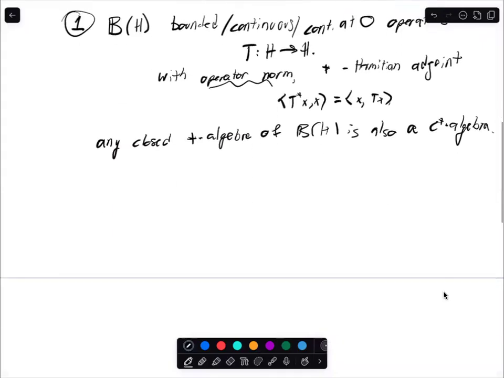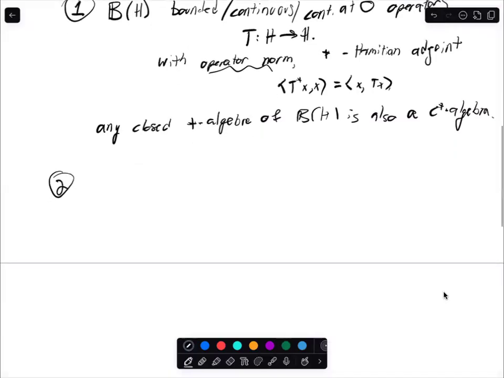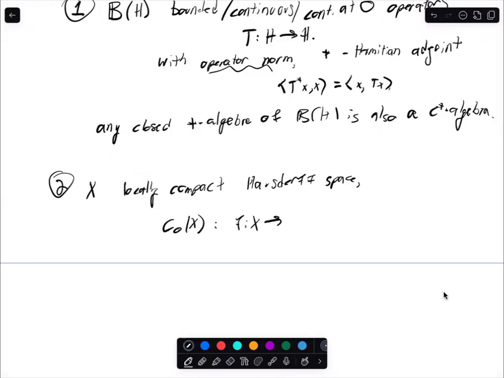Another example that I rather like, and we're going to get a lot of legroom out of, comes from when we take X to be a locally compact Hausdorff space and you look at the space of continuous functions on X which vanish at infinity, the functions from X to C which vanish at infinity.